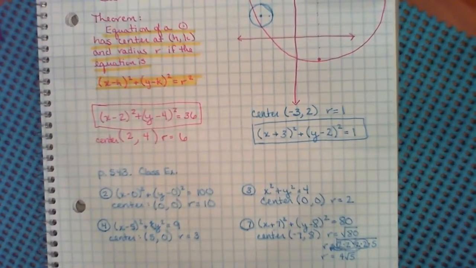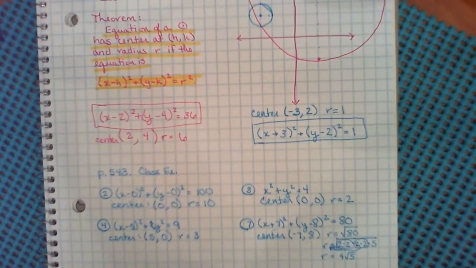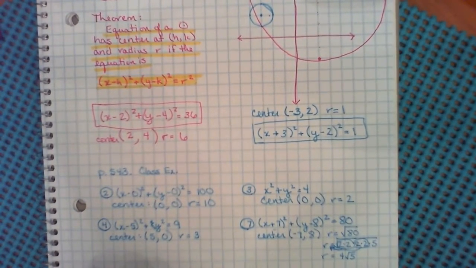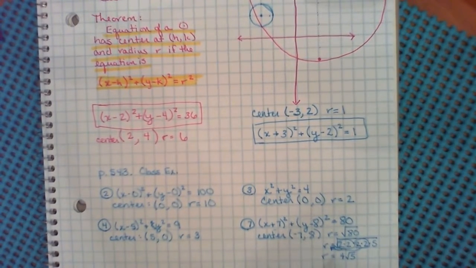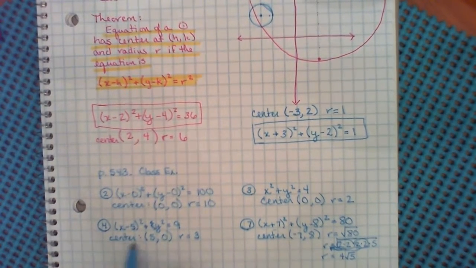I don't think they'll have you graph that one, because it's hard to figure out what 4 square roots of 5 is on a straight line. They might ask you to graph ones like number 4.